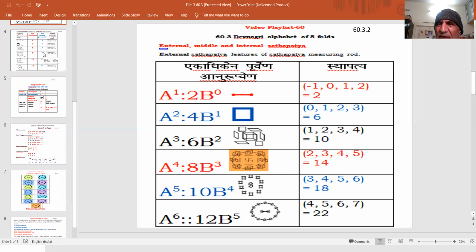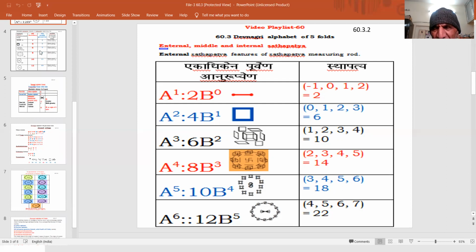Cube is hypercube 3 of 4 folds 1, 2, 3, 4 of summation value 10. Ahead, hypercube 4 is of 4 folds 2, 3, 4, 5 of summation value 14. Hypercube 5 is of 4 folds 3, 4, 5, 6 of summation value 18. And hypercube 6 is of 4 folds 4, 5, 6, 7 of summation value 22.